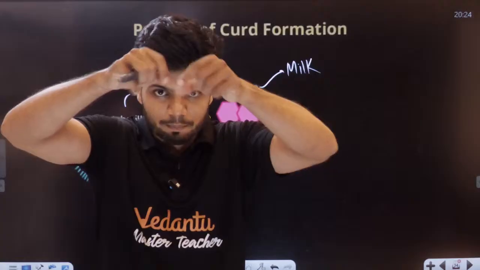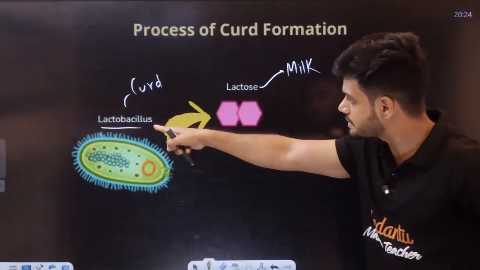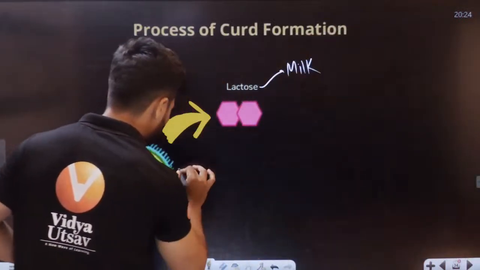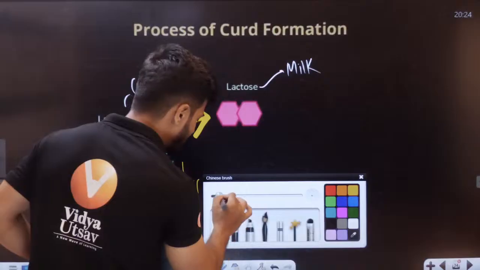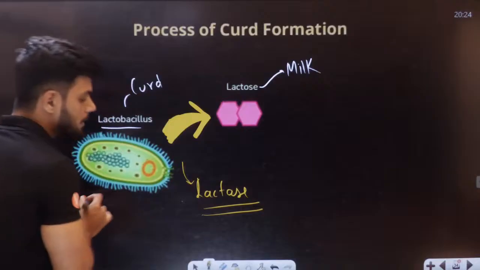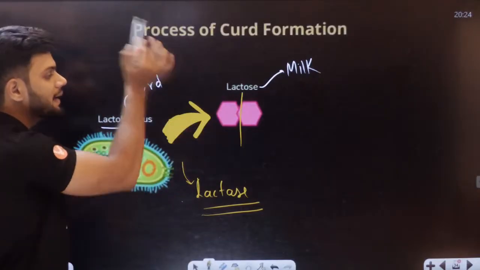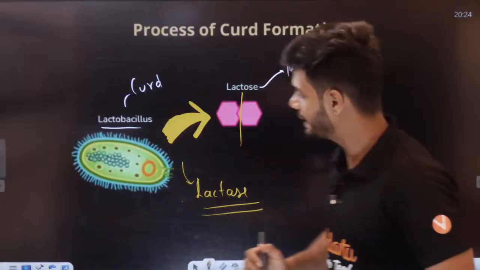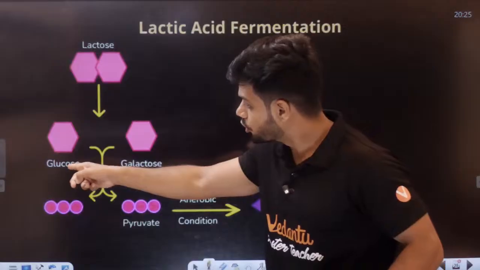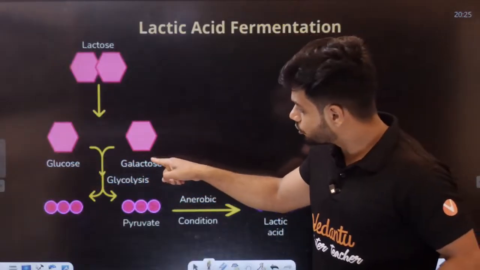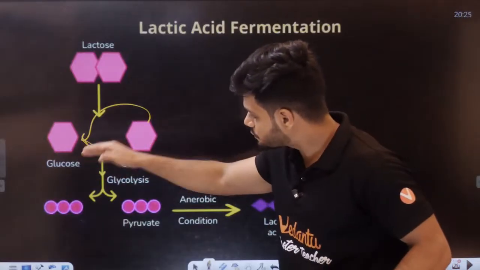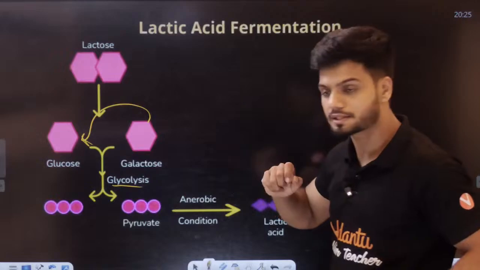Lactobacillus has an enzyme called lactase enzyme, and this lactase enzyme will completely break the lactose. Lactose is broken by lactase into glucose and galactose. The galactose will eventually get converted to glucose, and this will undergo a process called glycolysis.